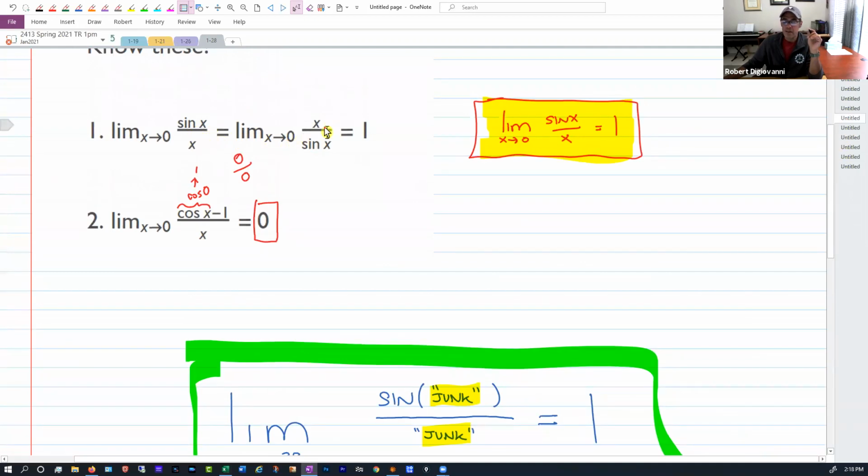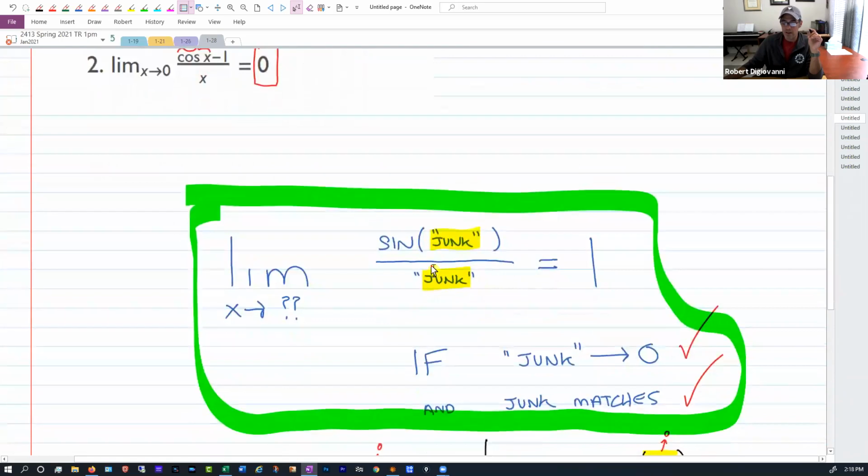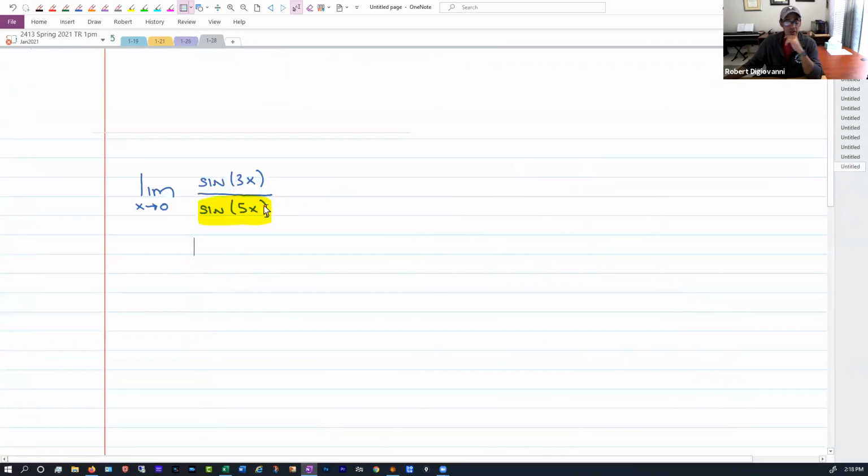But do you remember I said it could be flipped over? Yes. Okay, so you could rewrite this the other way around. Sine junk on the bottom, junk on the top. So back to my question. If the yellow's causing the problem, Claire, what would we really love to see up top to make it not be a problem? A 5x.